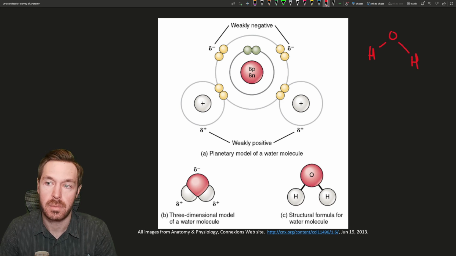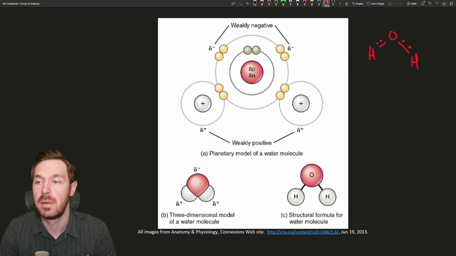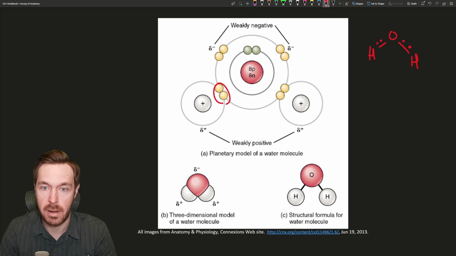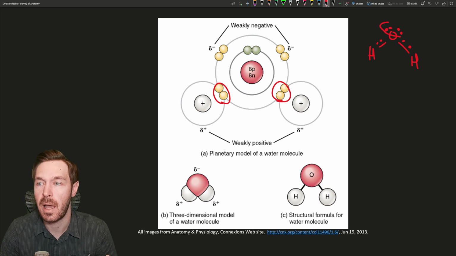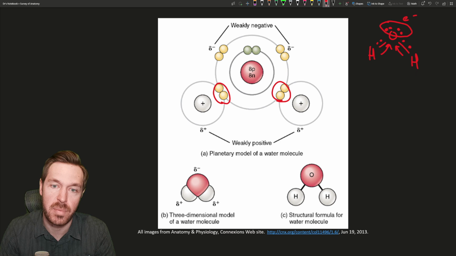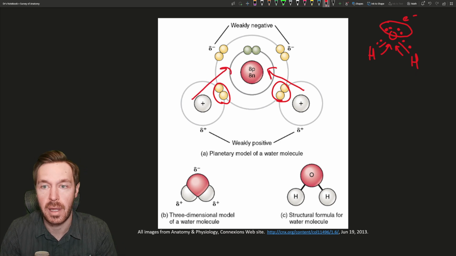For water, there are two single covalent bonds right here, and that's a pair of shared electrons each. And then there are two more pairs of electrons found on oxygen that don't form any more bonds. So you have a higher amount of electrons over here, and electrons are pulled more towards that oxygen. Oxygen is kind of like a big bully, having more electrons around it compared to the hydrogens.